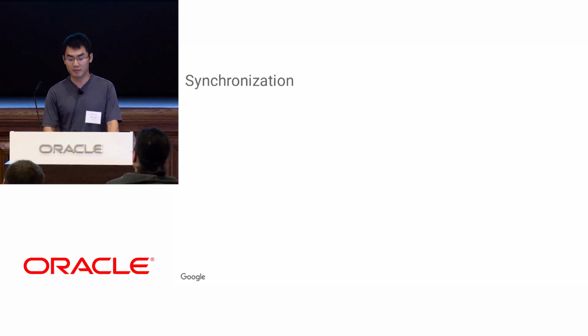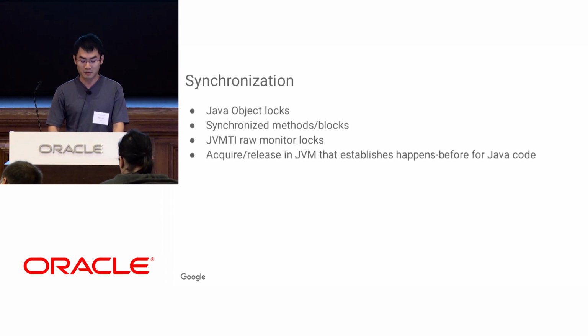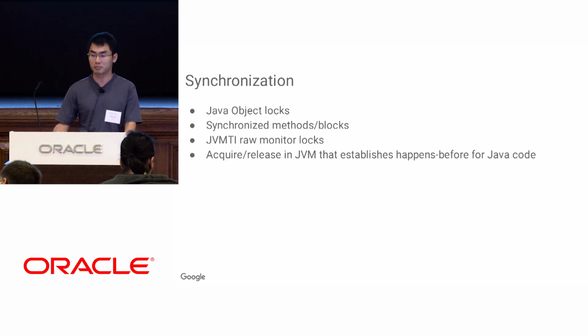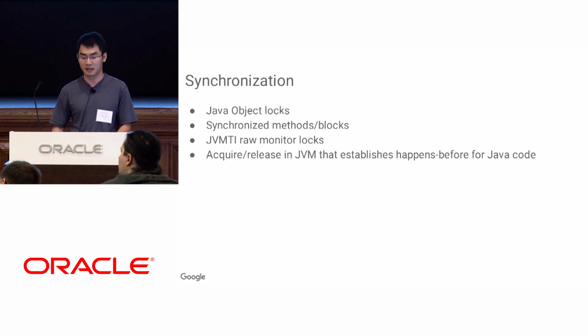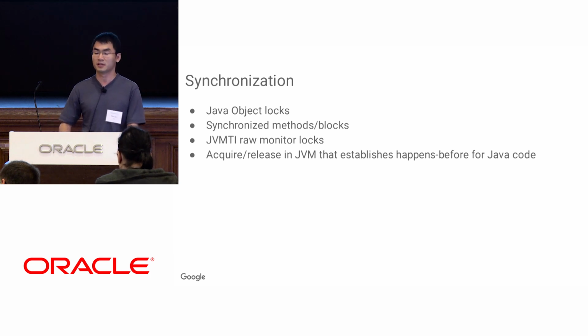For instrumenting synchronization in Java, we need to instrument all the possible places that can add synchronization for the Java code. That includes all the Java object locks, synchronized methods and synchronized blocks, and some JVMTI raw monitor locks that can use native locks to protect the Java accesses. And there are some acquire and release semantics in the JVM that establish happens-before for Java code. A good example for the last case is the class initializer.